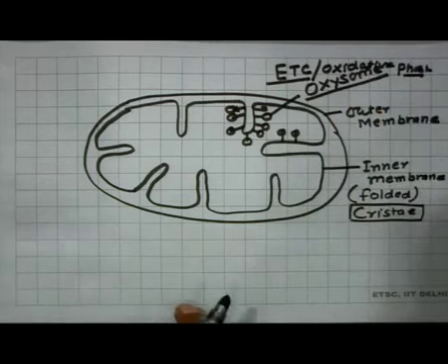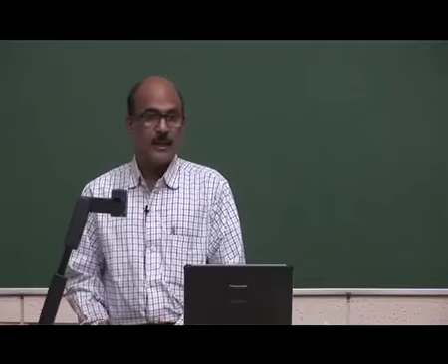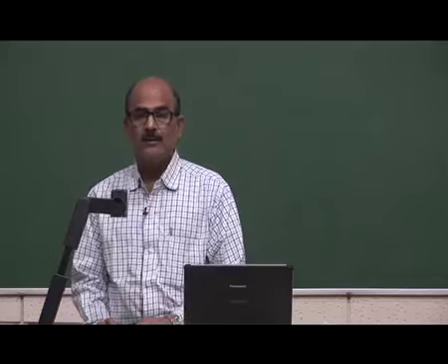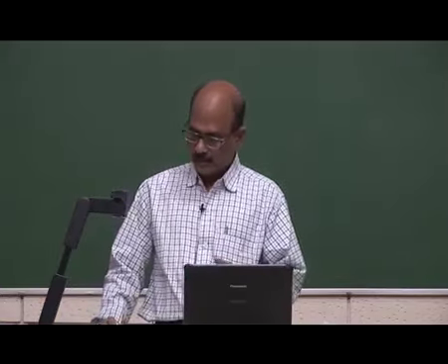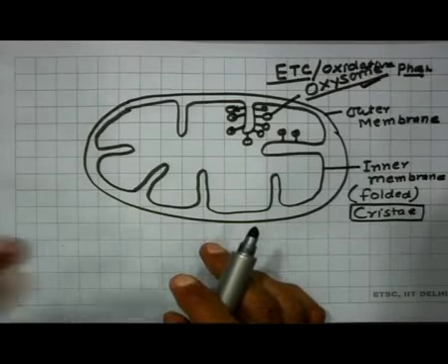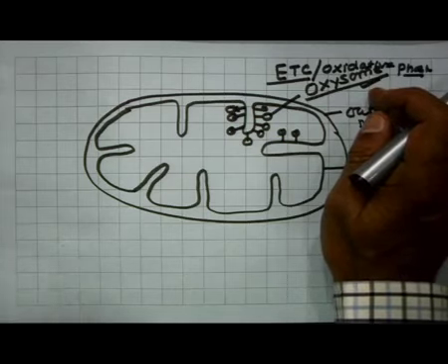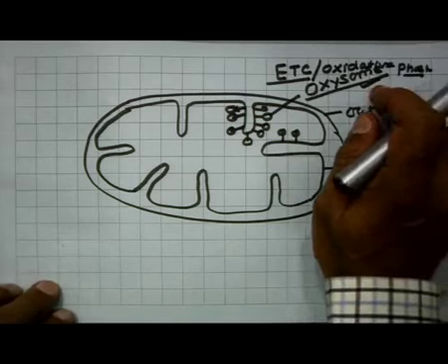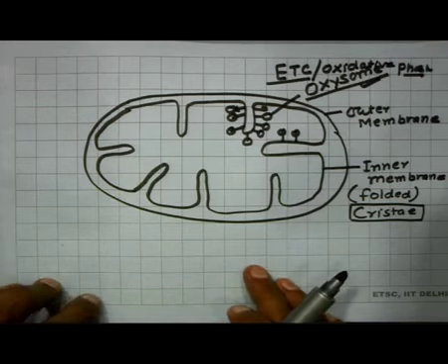I have already discussed in the previous class on photosynthesis that there are three types of phosphorylation. Phosphorylation means formation of ATP. These ATP are formed at three levels. One is called substrate level phosphorylation. In photosynthesis, we have seen photophosphorylation, that is cyclic and non-cyclic phosphorylation.